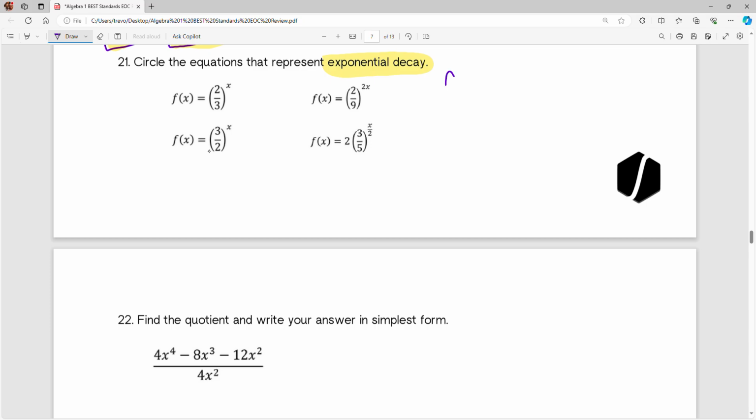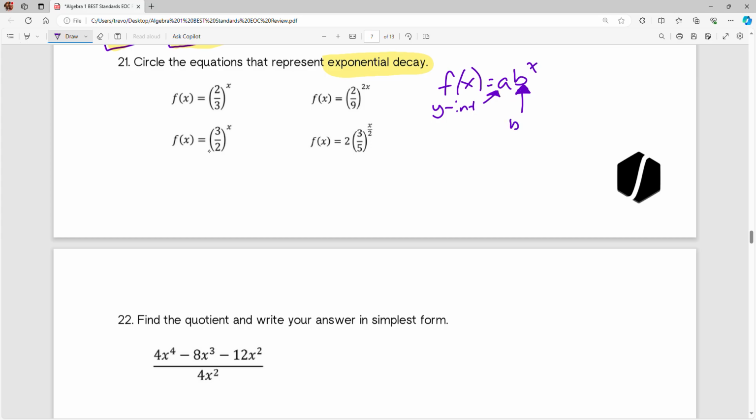And if you look at the first one, f of x equals A B to the power of x. We said that A is your y-intercept, and B is telling you whether you have an increasing or decreasing function. And increasing would be growth, and decreasing would be decay.